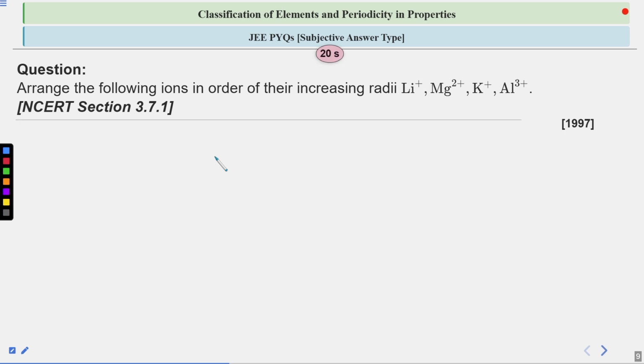Just think about all the possibilities regarding your shell and your effective nuclear charge. Both are varying here. So what will be the order for this? Ionic radius order. You have 5 more seconds to solve it.